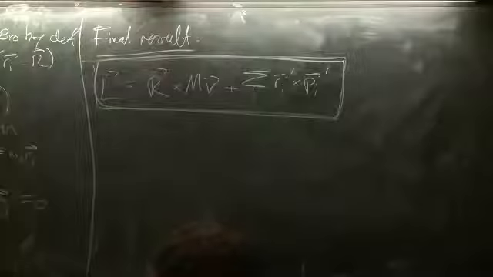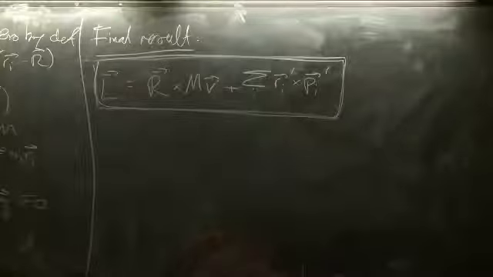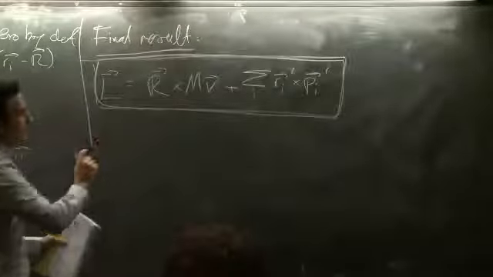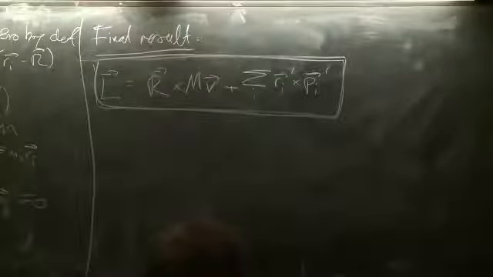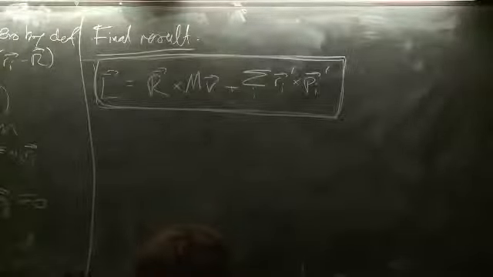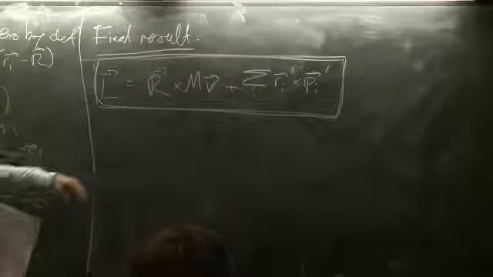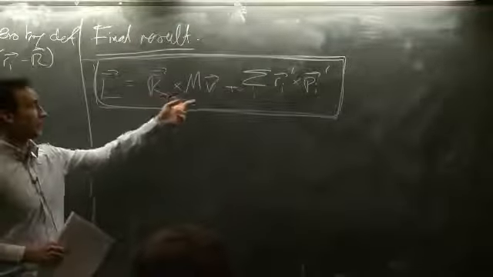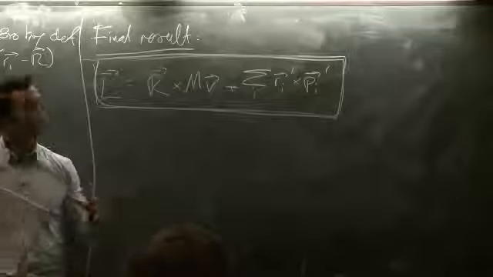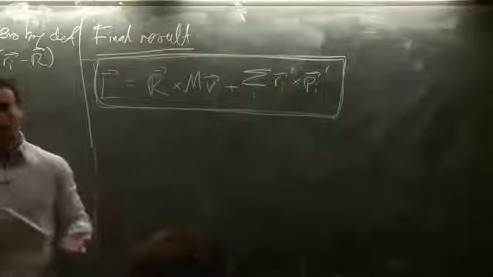And now perhaps we can say something about the physical meaning of the content of the angular momentum. This first term involves only quantities related to the center of mass. It contains the center of mass position, the total mass of the system, and the velocity of the center of mass.